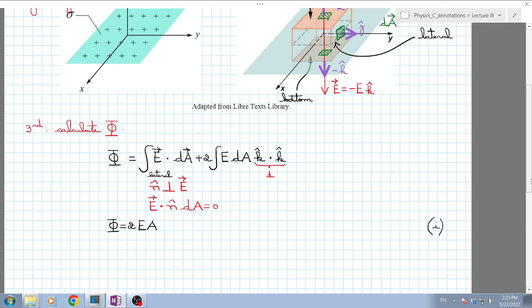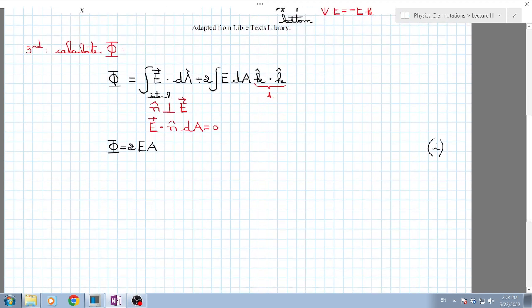Call this equation 1. So the fourth step, we're almost there, just a couple more steps here.